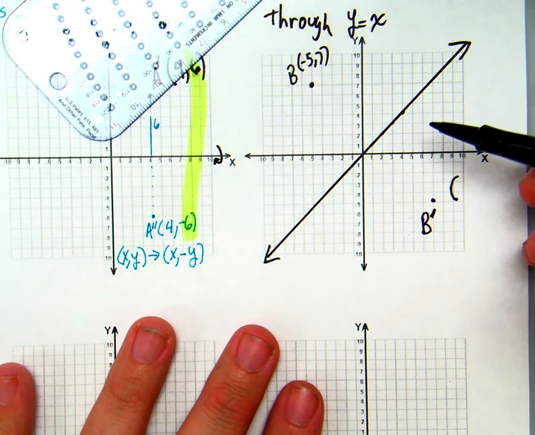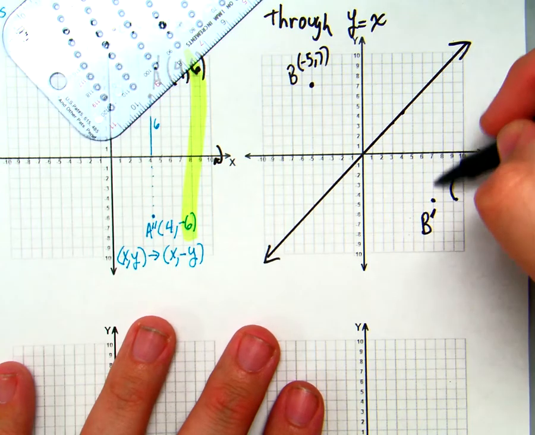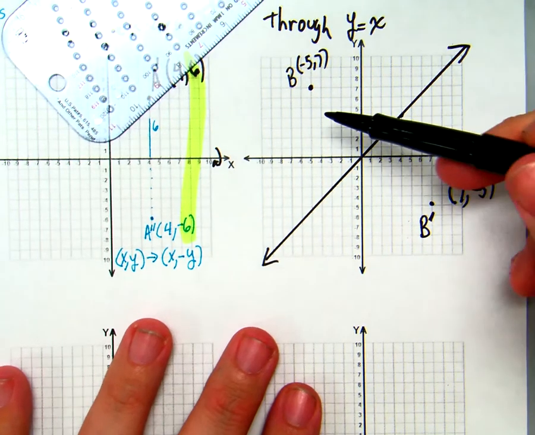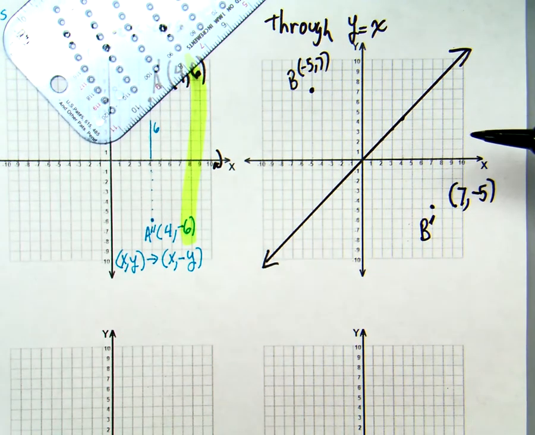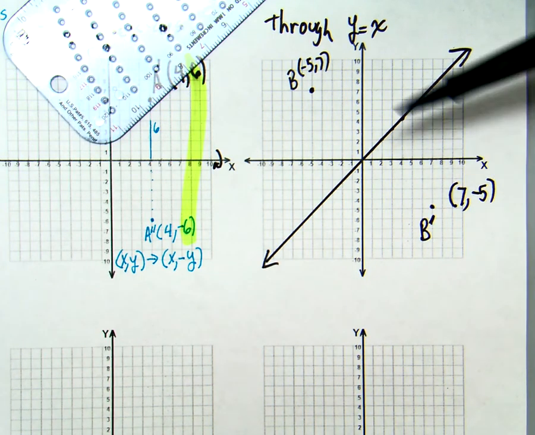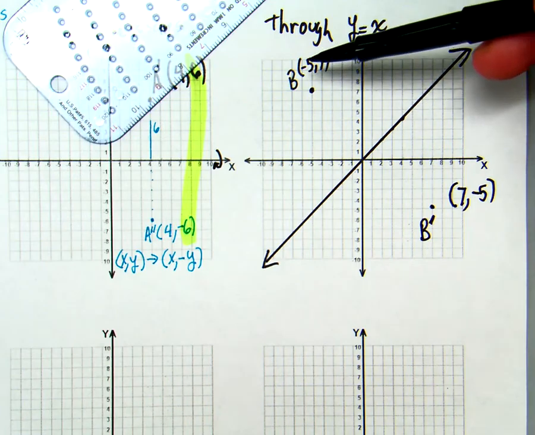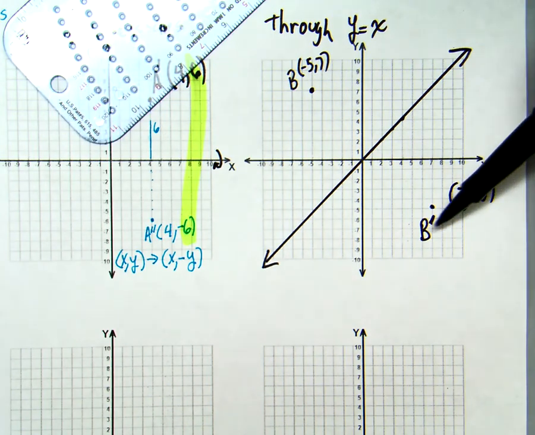And then figure out the coordinates. What's the x coordinate? 7, negative 5. Now, with 7, negative 5, take a look at the coordinates for B, which are at negative 5, 7, and for B prime, which is at 7, negative 5. How did they change?